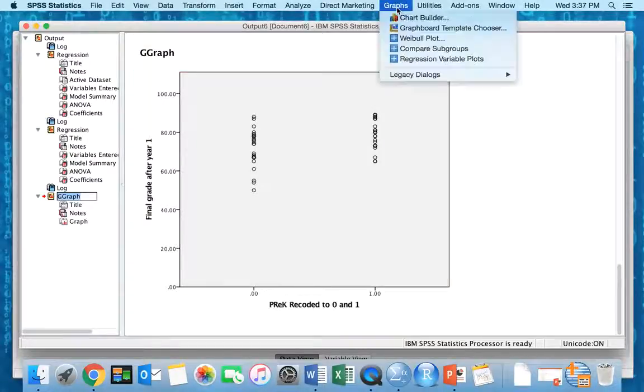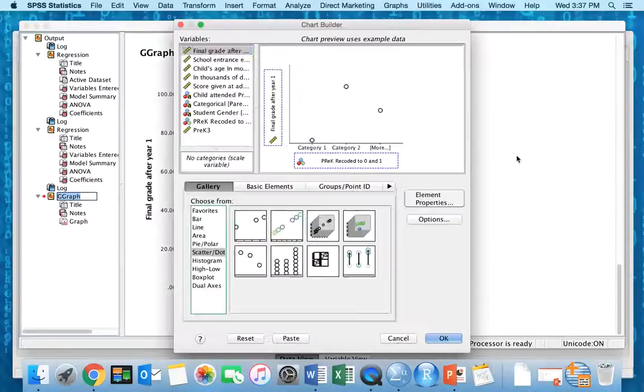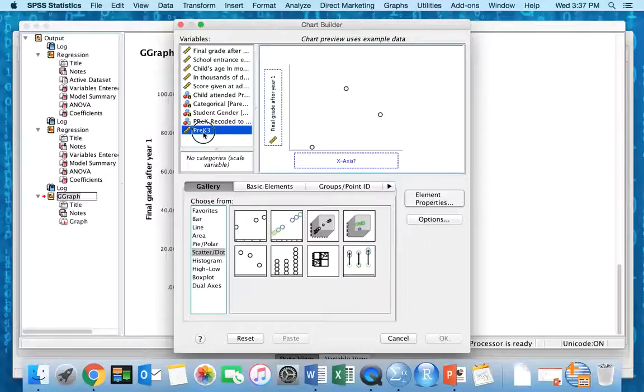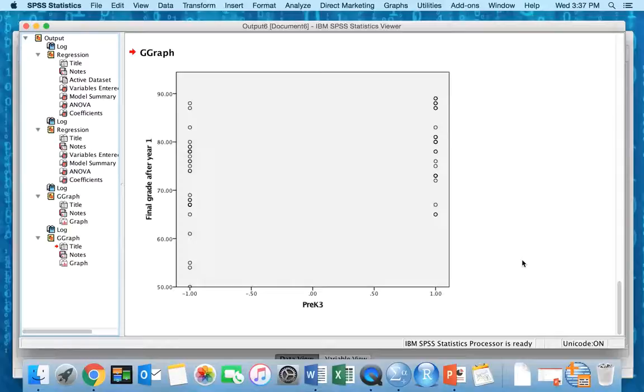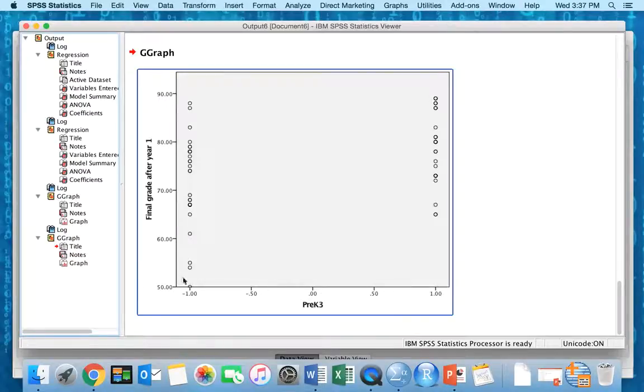Well, let's see what happens in the case of a contrast-coded predictor of -1 and 1. Well, you see that it's elongated a bit horizontally. And that's because we've stretched out the range, or the value of pre-K3. We haven't coded it as 0 and 1, we've coded it as -1 to 1.